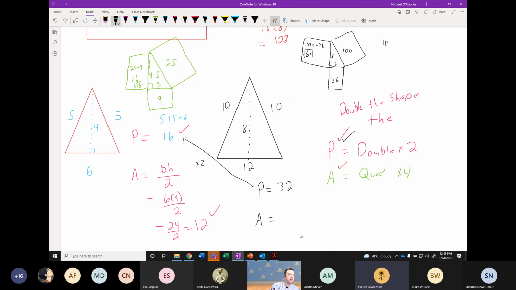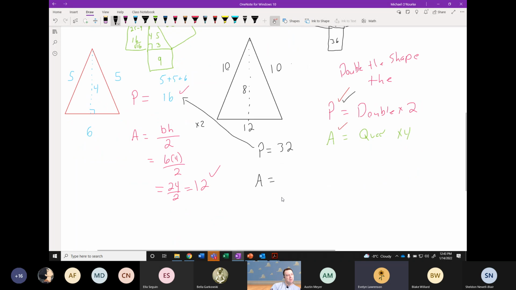And what's our area going to be? Our area is 48, so we have 8 times 12 divided by 2, which is 96 divided by 2, which equals 48. And 12 times 4, so if we quadruple it, equals 48.